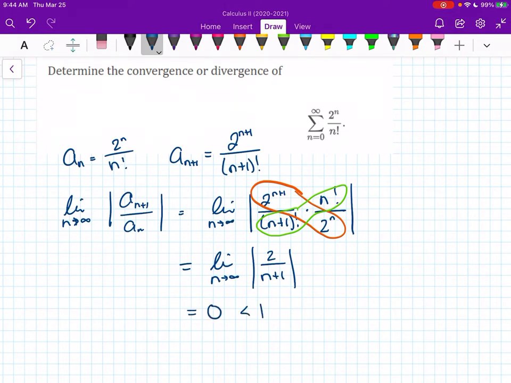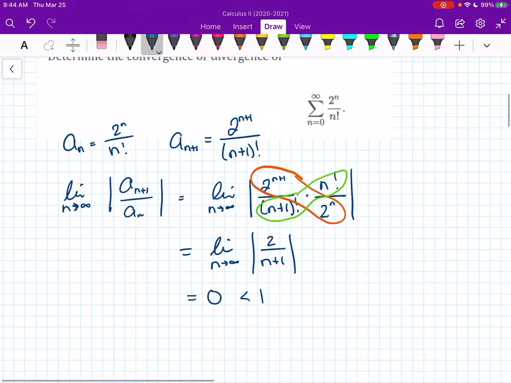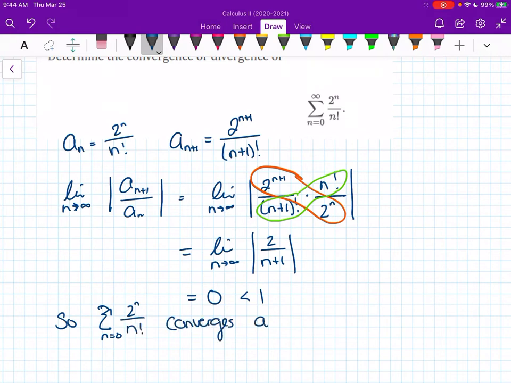So I can say that this is going to converge absolutely by the ratio test. So my series from n equals 0 to infinity of 2 to the n over n factorial converges absolutely by the ratio test.